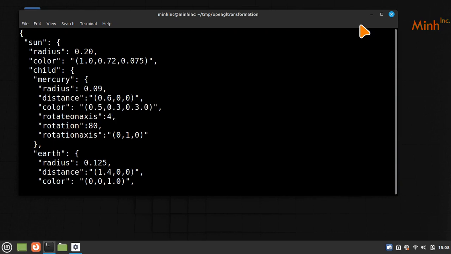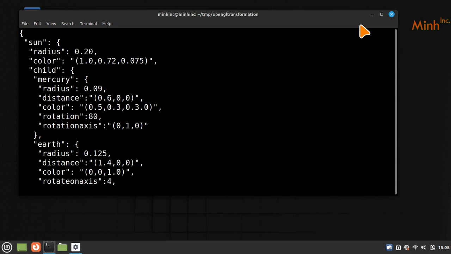Rotate on its own axis, that we don't need at all. And rotation, how many days it takes, so we can put 40. Rotation axis, along which axis it is rotating, and distance, where it is. We can make it more interesting.